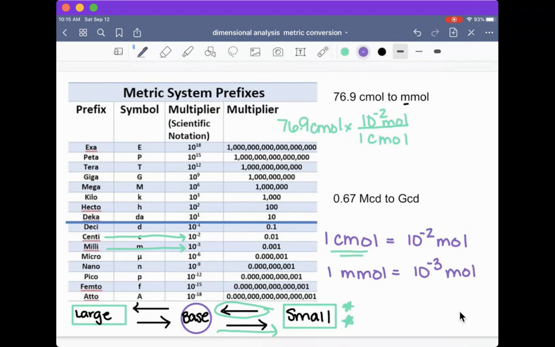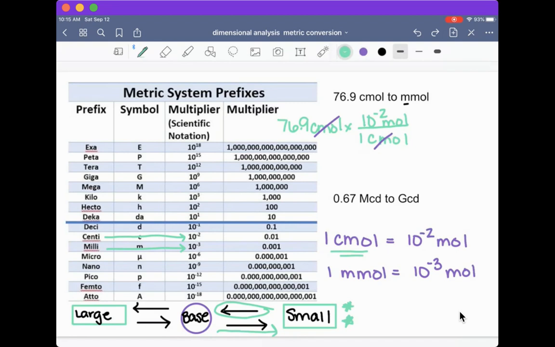So what have we done when we set up this fraction here? We've canceled out centimole and we're in the base unit. So we have arrived here in the base unit. So now we can follow the map. We're going to go from base unit into the new small unit that they wanted us to convert into.